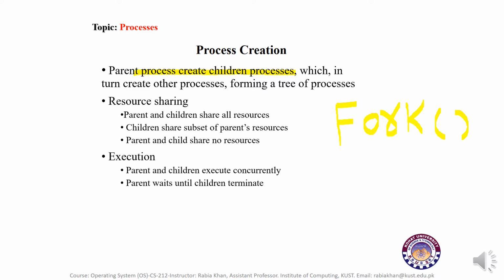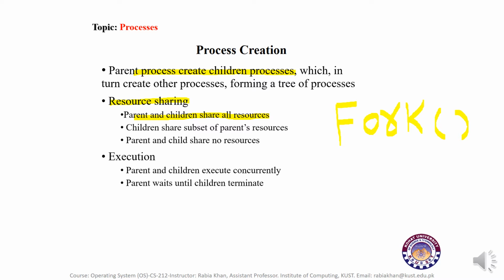Now, how are resources shared between the parent and its generated children processes? Different situations can be there. For example, whatever resources the parent has obtained, those resources are then shared among the children of that parent.